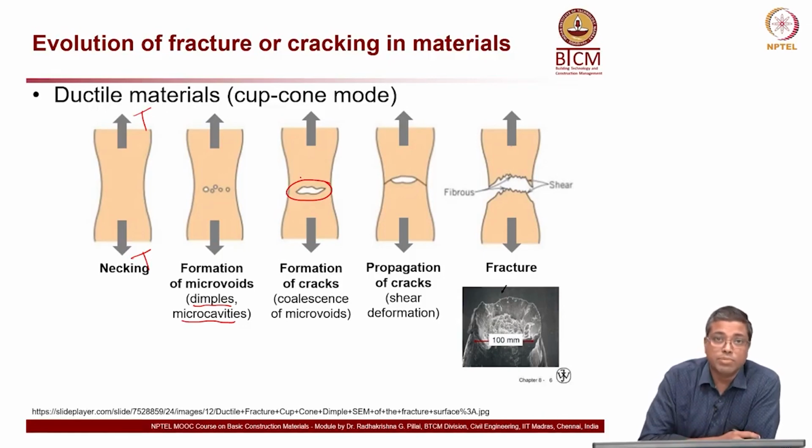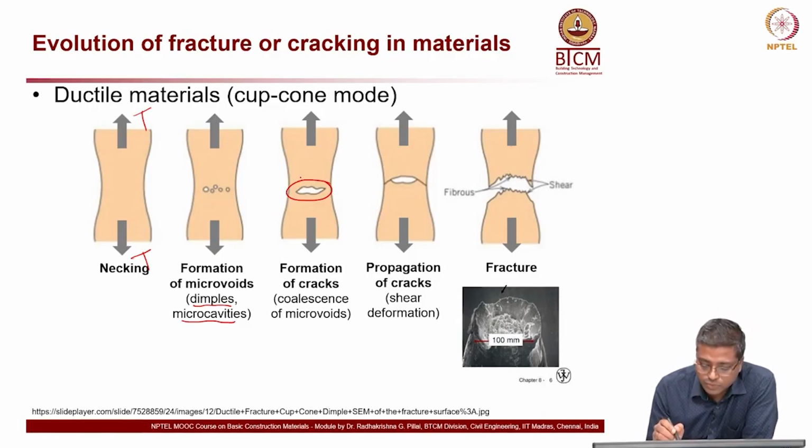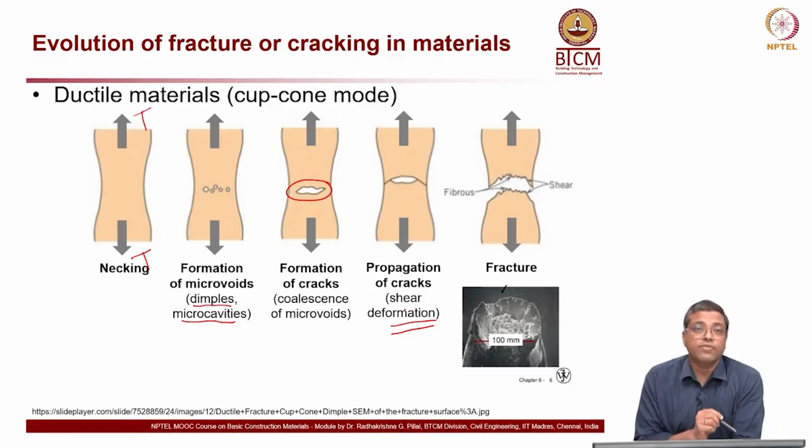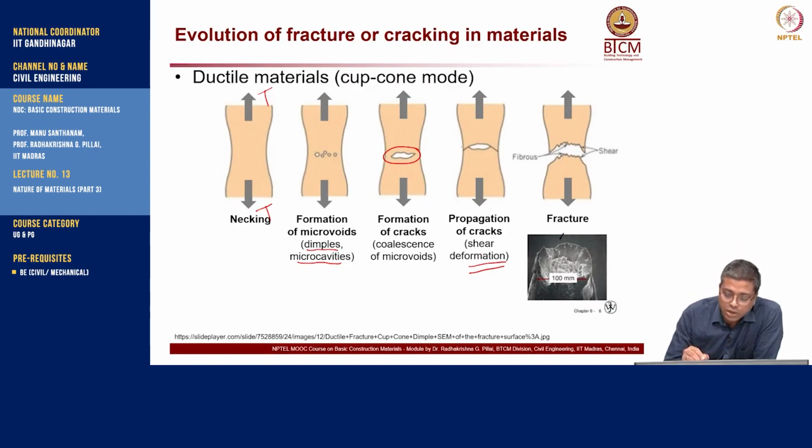Visually you will be able to see the crack happening, and then as you apply more force, there is more flow of material, and that is shear deformation happening. And here you should also look at the direction in which this happened. There is an angle associated with that.